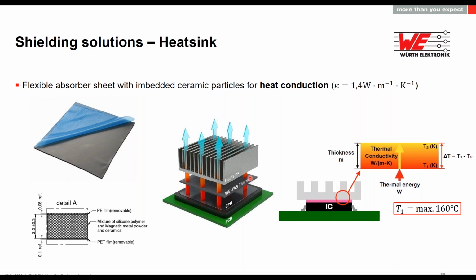When we place this material in the middle, we are preventing this noise from going through to the heatsink, and at the same time, as it has good thermal conductivity, we are letting the heat go through the material to the heatsink in order to be dissipated.